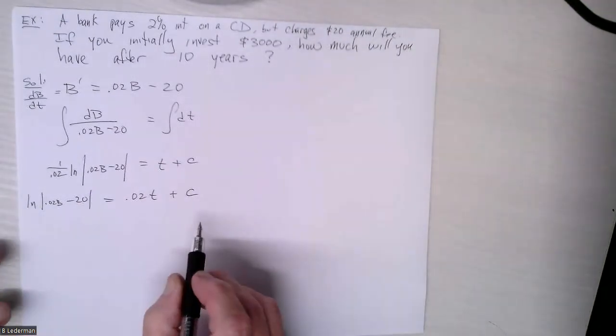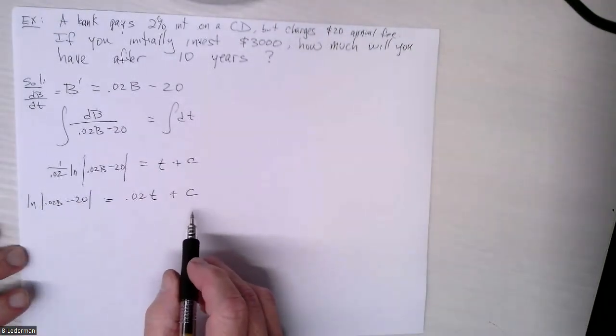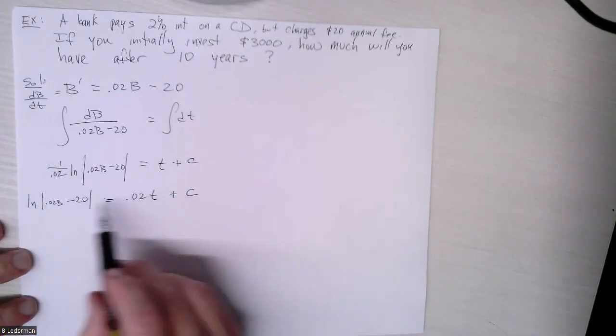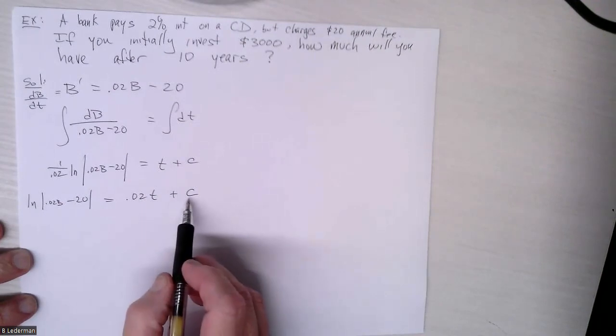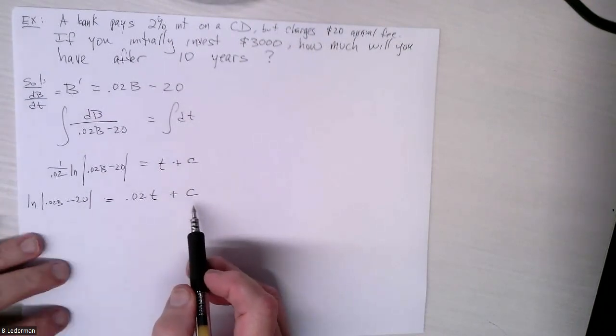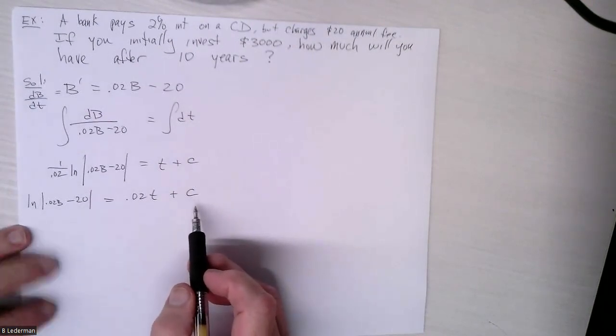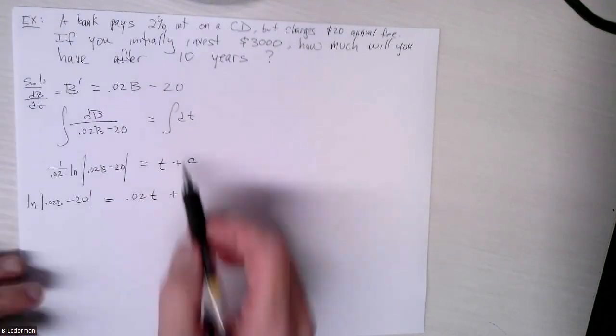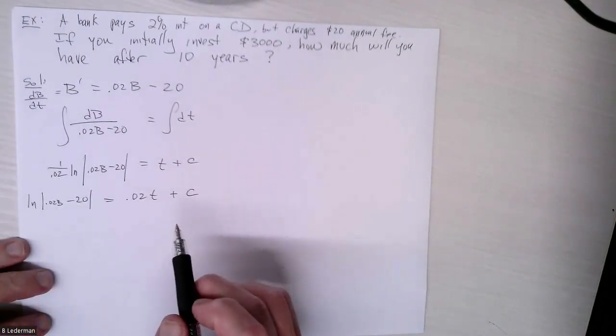Now I did something a little quick. You really have to multiply the 0.02 times c, but c is a constant. So when I multiply a constant times another constant, I just get a constant. So I'm just calling it c. Otherwise, we're going to keep on changing the name of this variable. But let's just leave it for now.